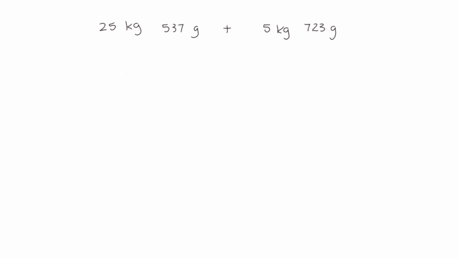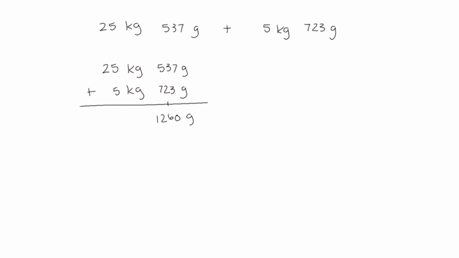Let's look at a couple of standard algorithm solutions. First, we can write it as a vertical problem. We can first add together the grams, and we get 1,260 grams, which we can simplify into 1 kilogram, 260 grams.